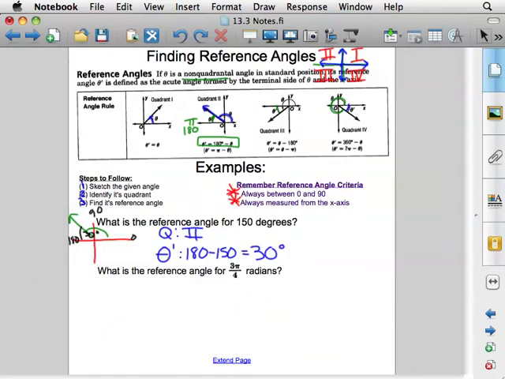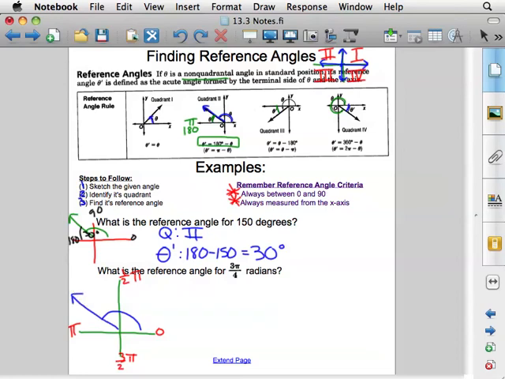Next, if I want to find a reference angle in radians, I'll follow my steps again. I need to first sketch it. This time I'm in radians. So 0, pi, up here's half of pi, and 3/2 of pi. So 3/4 of pi. Well, 3/4 of pi is 3/4 of the way over to 2 pi.